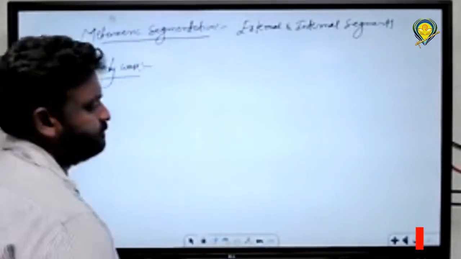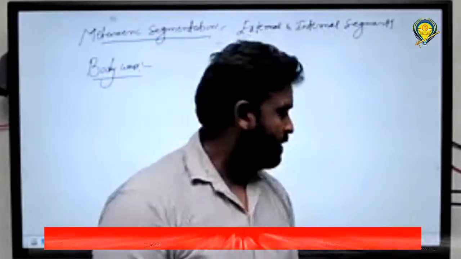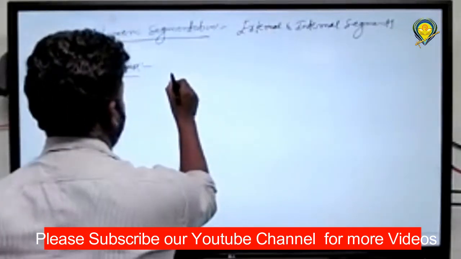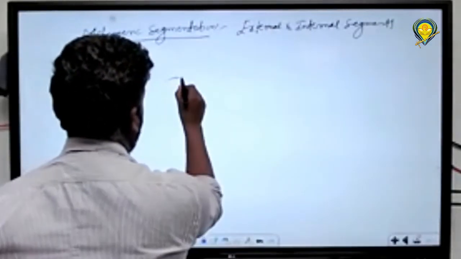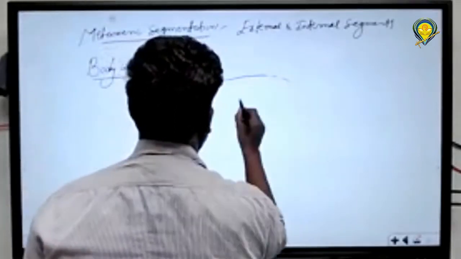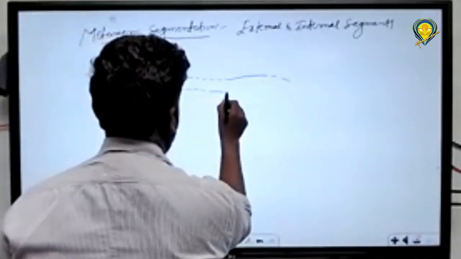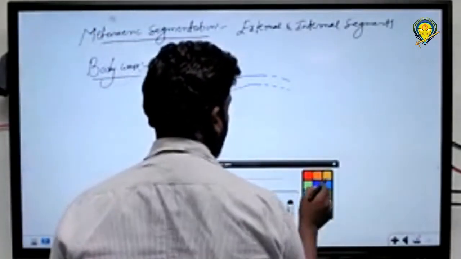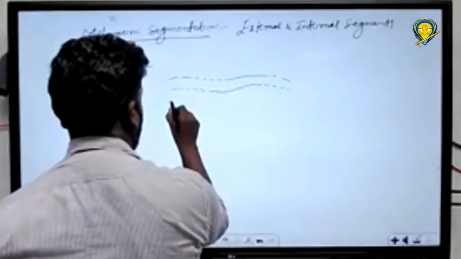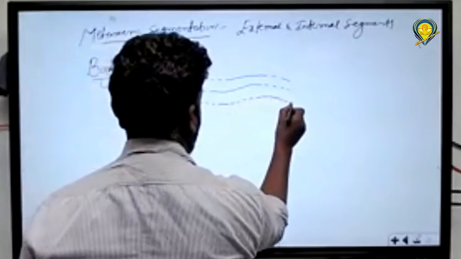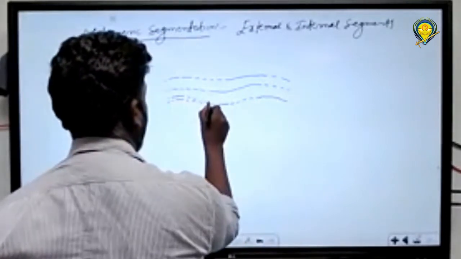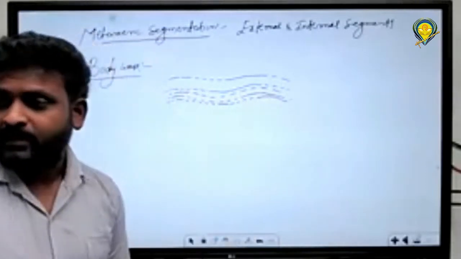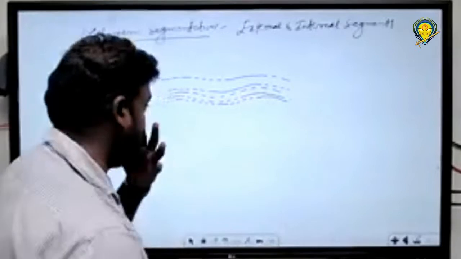Then what about the body wall? I will write here, then we will discuss that. Just see it here. Circular muscle, right? It's about the body wall part.